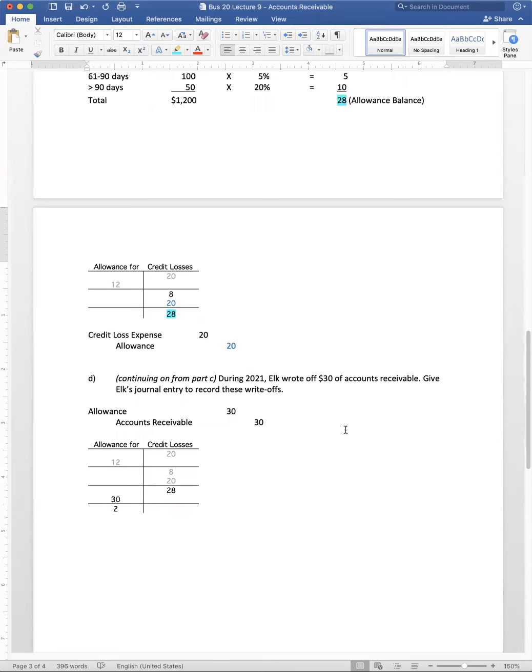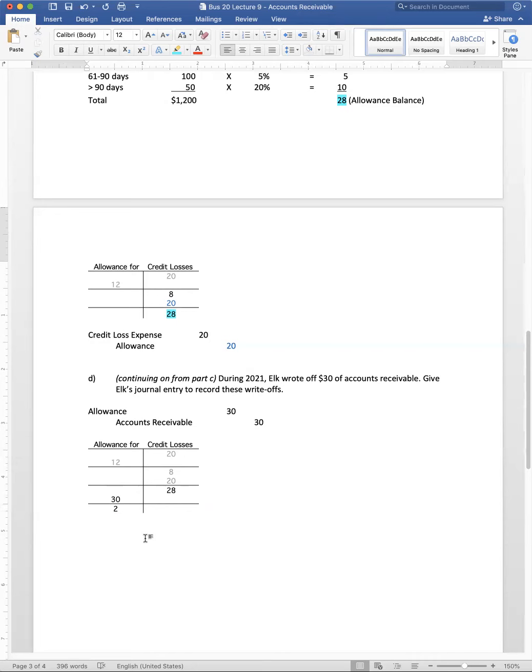Now, at the end of the previous year, we estimated that 28 would not be collected, right? That's what we did over here. We estimated we're not going to collect 28. We were close, but we weren't quite right. The actual amount we couldn't collect was 30. So we have a leftover of 2 here on the debit side, right? So that's what we have in the account before we get to the year end and we have to do our adjusting entry again.